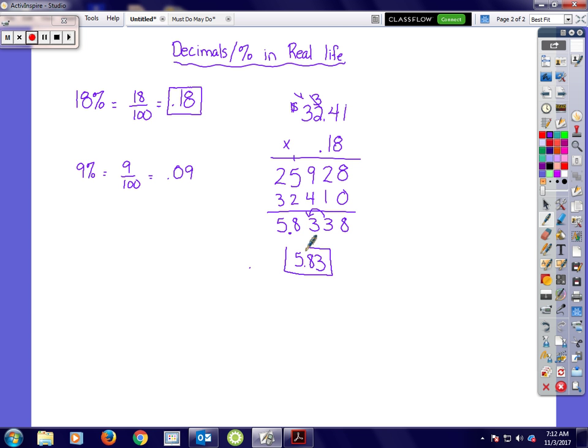So if I was going to tip my server at Miguel's, I'm going to add an additional $5.83 to my bill for my server, which means if I took what my bill cost plus what I'm going to pay my server, bring down my decimal, that's an 8. My total bill is $38.24.